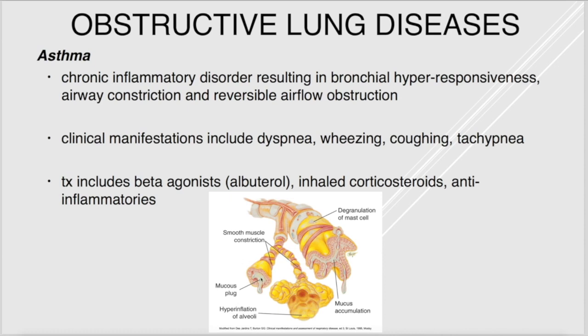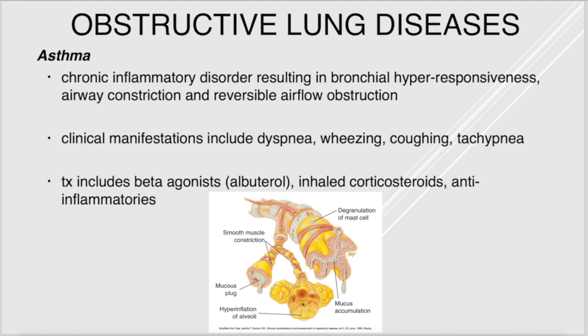And along with that irritation, you get the production of these mucus plugs. And unfortunately, in this case, this airway is cut off, and these are hyperinflated airways, and that's not good because these can rupture. So clinical manifestations: wheezing, common cause of a chronic cough, increased respiratory rate, shortness of breath.